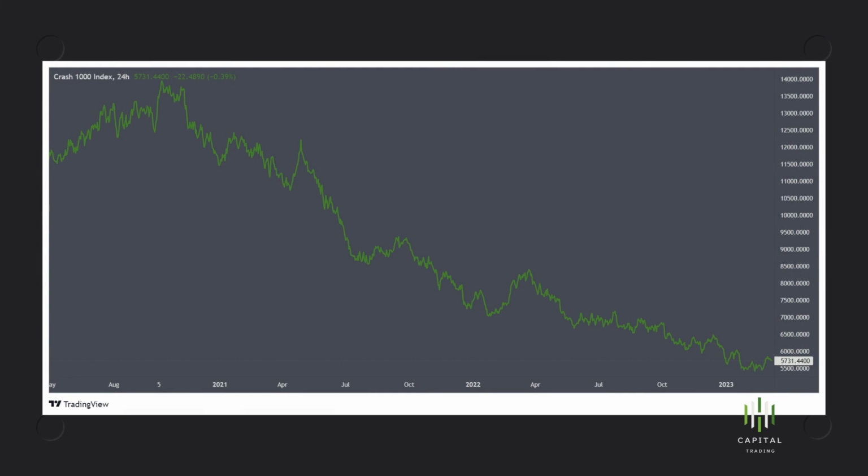So we now jump into Crash 1000. Our conclusion is Crash 1000 is just one of those markets that are liquid. When we say it's liquid, we are saying it's clean and it's trending. It's been trending since 2020.